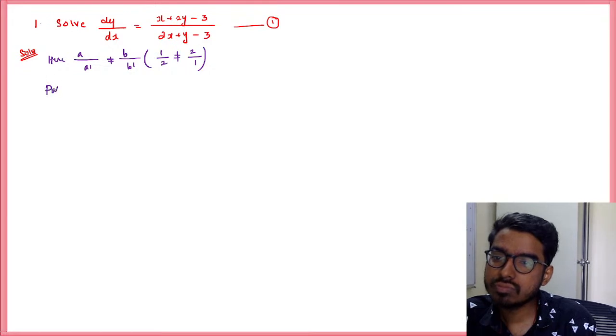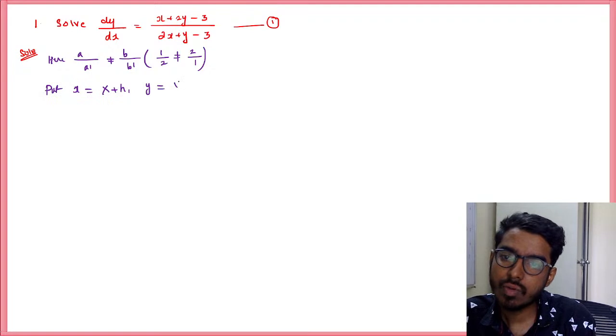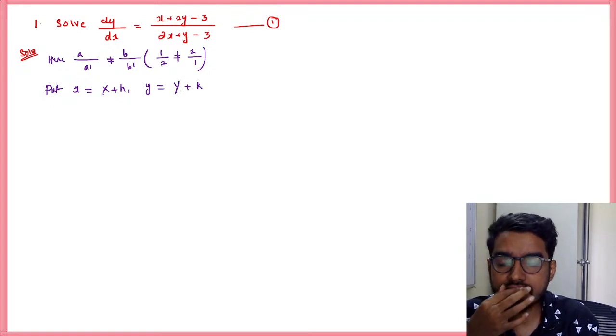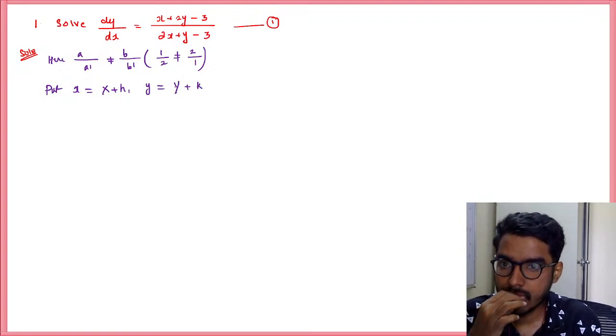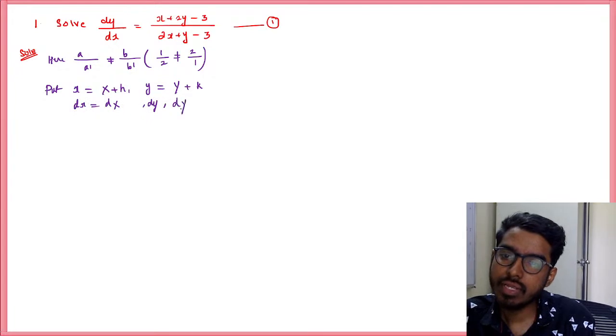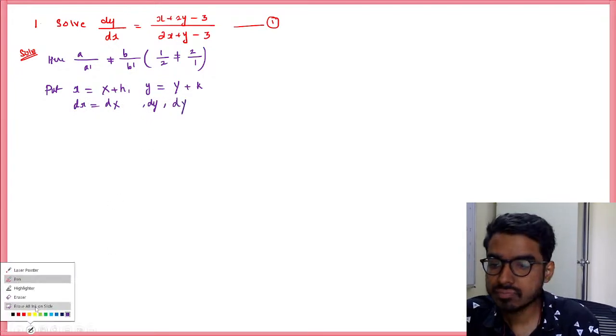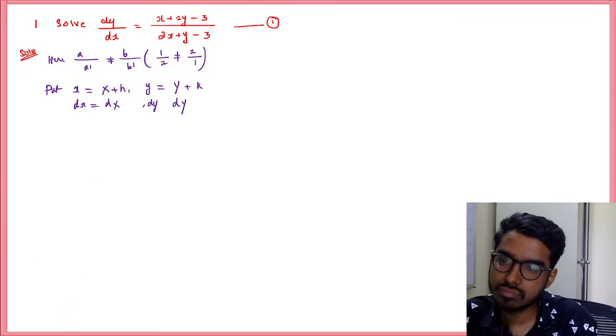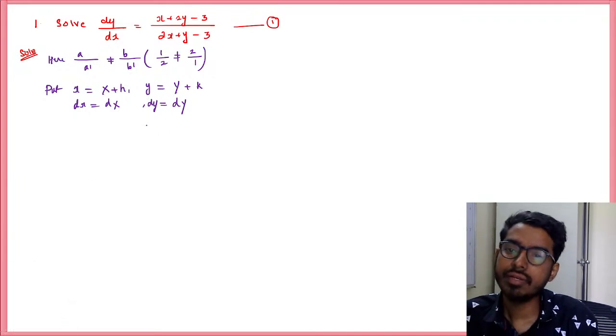So put small x equal to capital X plus h, small y equal to capital Y plus k, right? So therefore, your dx will be capital dx and dy will be capital dy. Right?